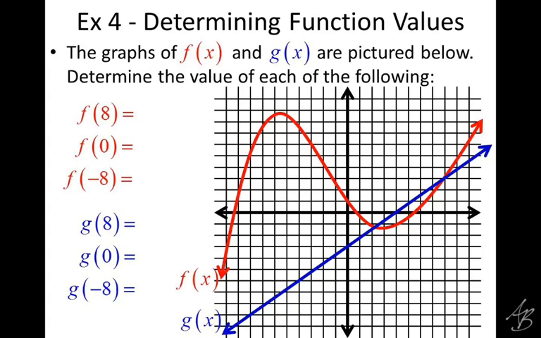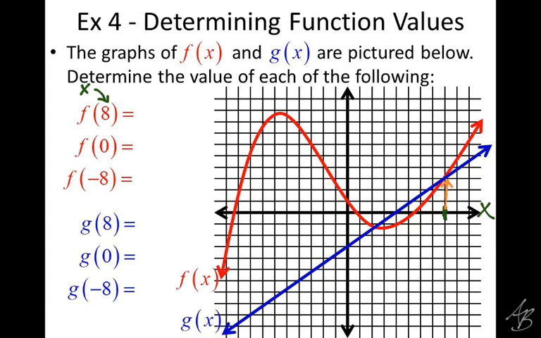All right, so f of 8. So we're going to go to 8 on the x-axis, right? So remember, these input values are the x values. So on the x-axis, which I'm going to label here, we go to 8. And to go to f, which is in my picture here, it's the red one, right? So to go to f, what do we do?